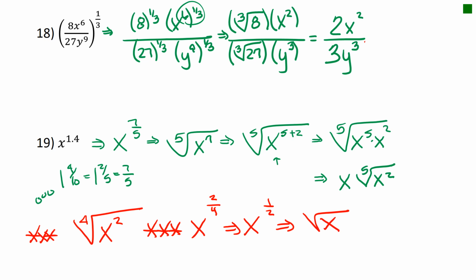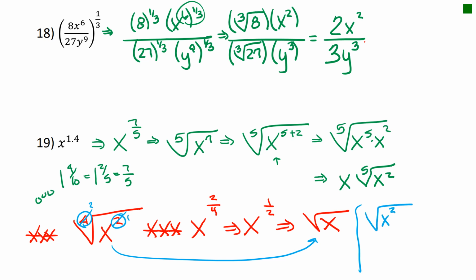So what you can do is when you're looking at your power and your index, you're going to say, can they both be divided? Divide that by 2, you get 1. Divide that by 2, you get 2, and you can go right there. But you can only do that if you had, wish I knew how to make this bigger, the 6th root of x squared y to the 3rd.